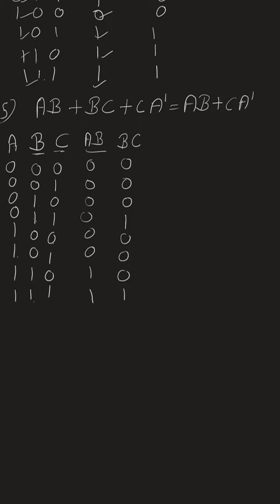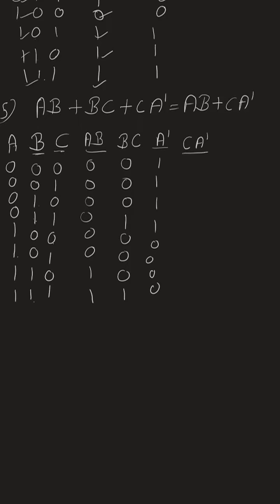Now we need C A complement. So first you need the A complement here. So you can find out A complement first. And A complement is our 1, 1, 1, 1, 0, 0, 0, 0. Now we need C A complement. So you can multiply with the C. Here is C and here is A complement.